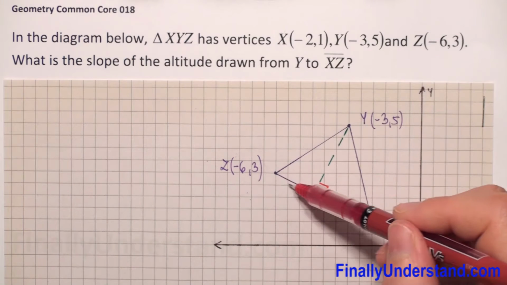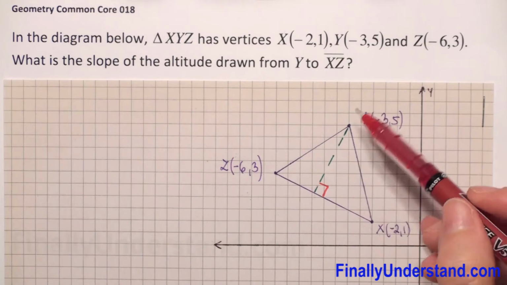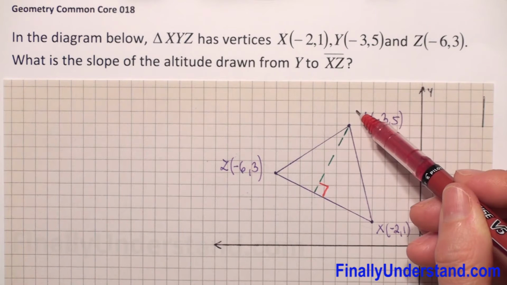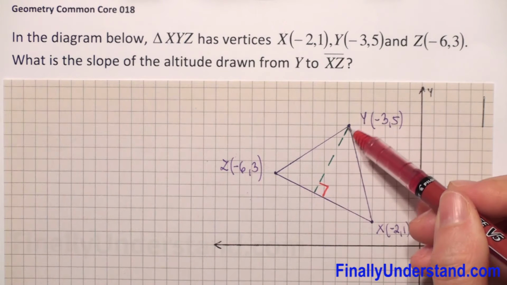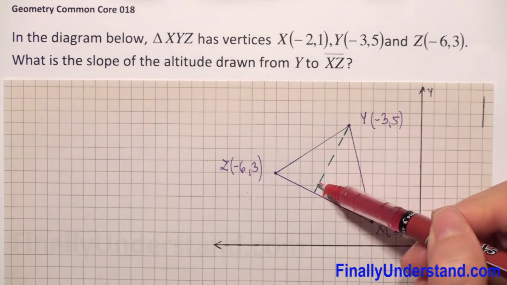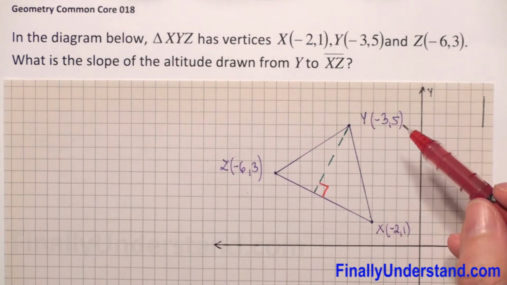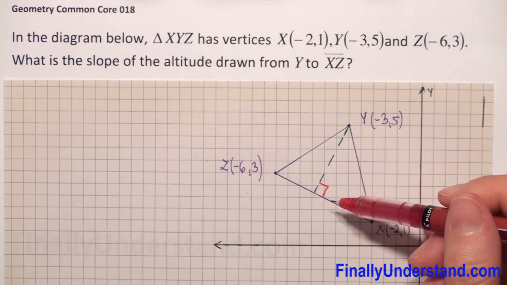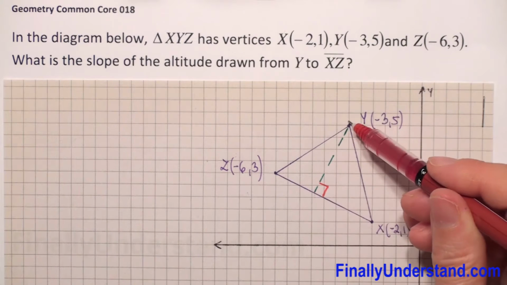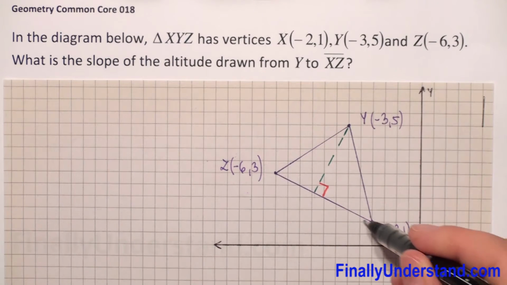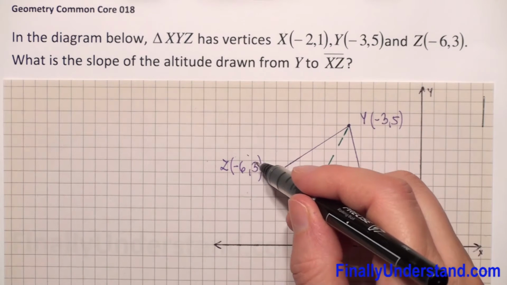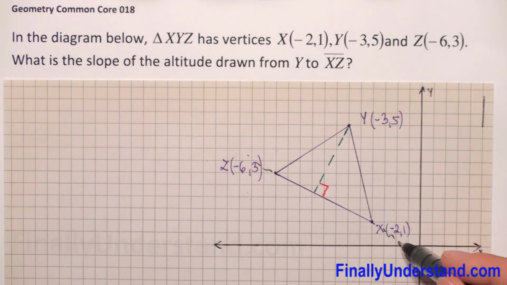When we have this slope, and we know that the altitude is perpendicular to the segment, we will calculate this slope from the equation that the product of these two slopes is -1. So first we will find the slope of the XZ segment, because if we extend it, this is like the XZ line.